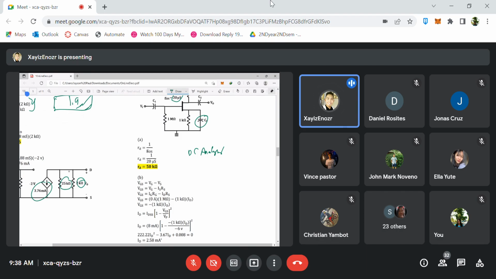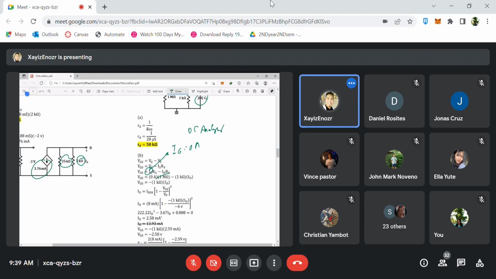Then, since IS is equal to ID, we can now rewrite as VG is IGRG minus IDRS. We all know naman, always ang IG is 0 amperes, therefore cancel ito. Ang matitira, negative IDRS. So ang RS natin is 1 kilo ohms, that will become VGS is negative 1 kilo ohms multiplied by ID.